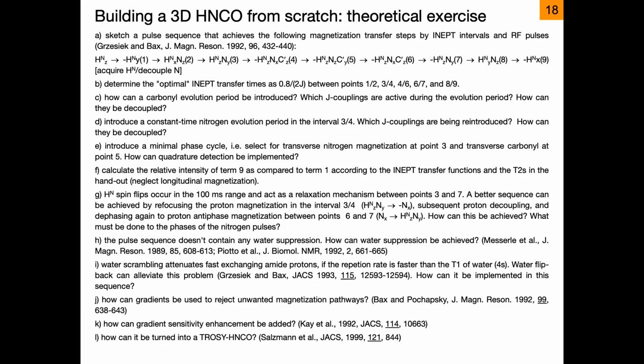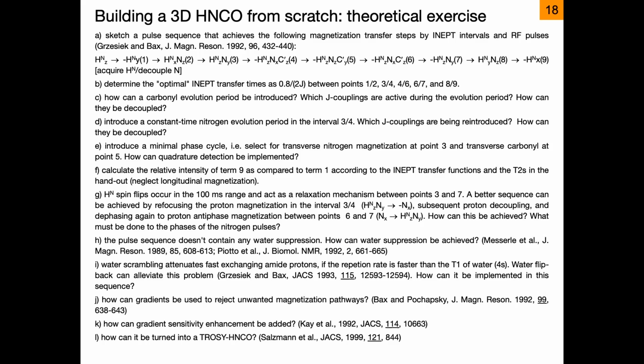So you would sketch the sequence and then think how long the delay lengths should be, what the phases should be, and then you introduce the carbonyl evolution time and so on, nitrogen evolution, water suppression. This exercise we would like to do together later.